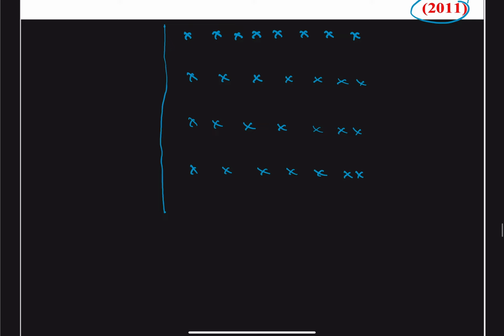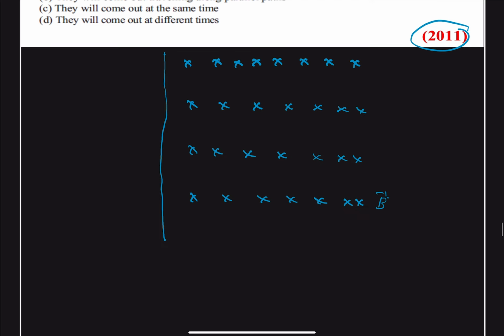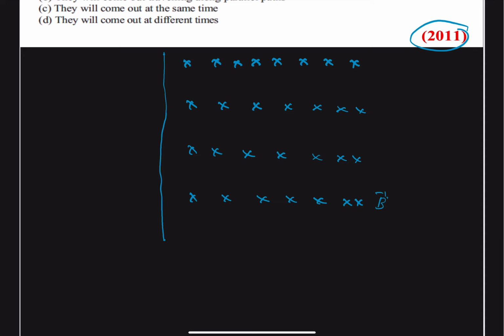So this is a magnetic field B, and first is given as our electron, and then we have our proton. We have two of these, so we can draw a rough approximate figure for that. So if we have an electron, let's draw for the proton first.